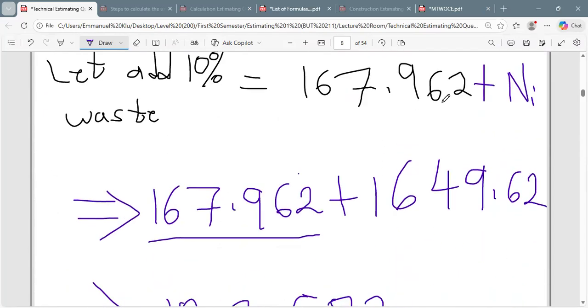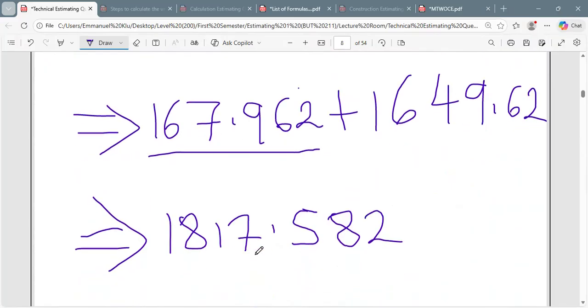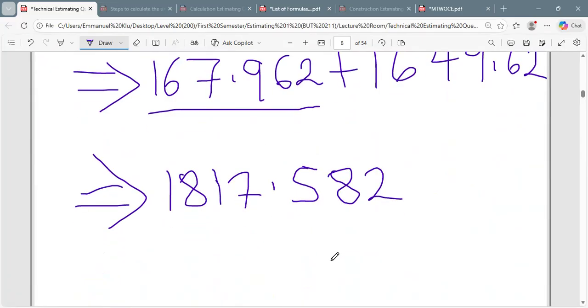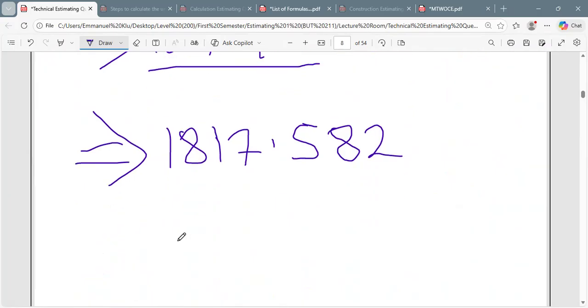We added the waste percentage to it, that is 167.962, plus 1649.62. At the end of the day, we had 1817.582. So that is the number required.